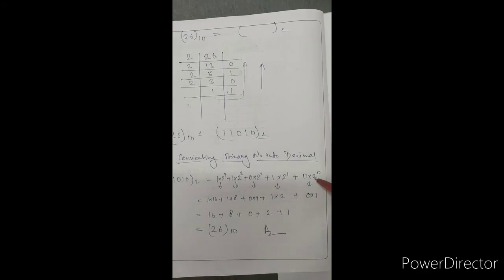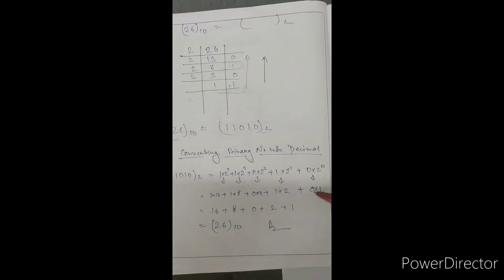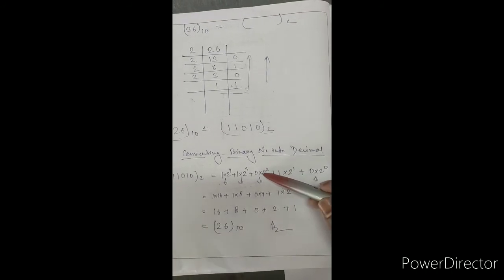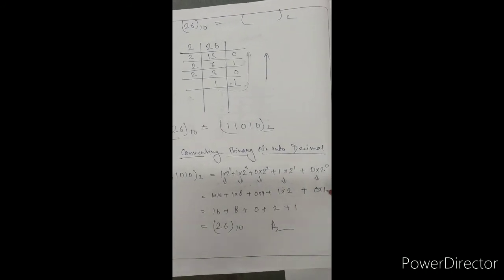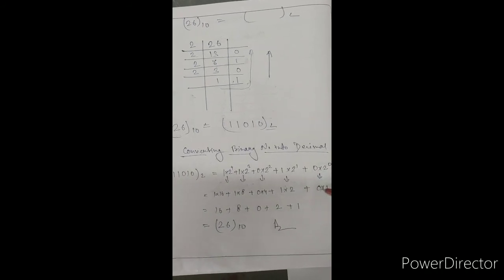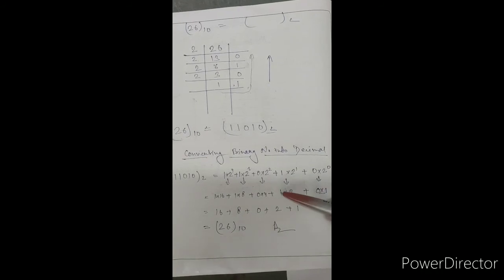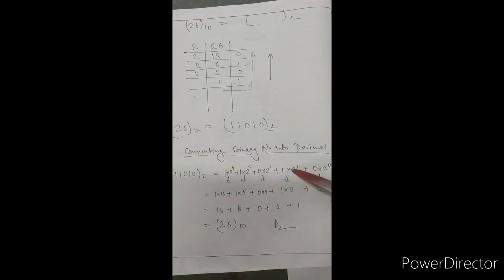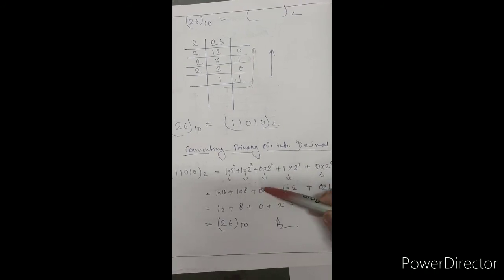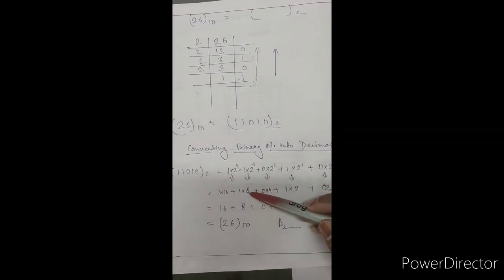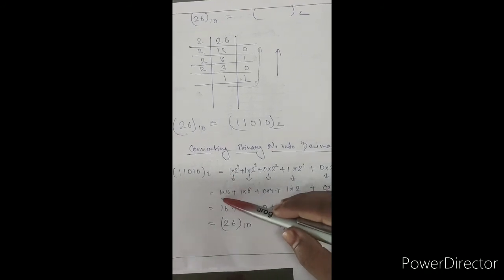First we solve the powers below. 2 to the power 0 is 1, and then 0 is here. Then 2 to the power 1 is 2, multiplied by 1. Then 2 to the power 2 is 4, multiplied by 0. Then 2 to the power 3 is 8, and 2 to the power 4 is 16, multiplied by 1.